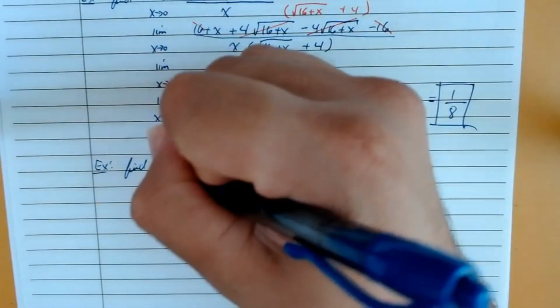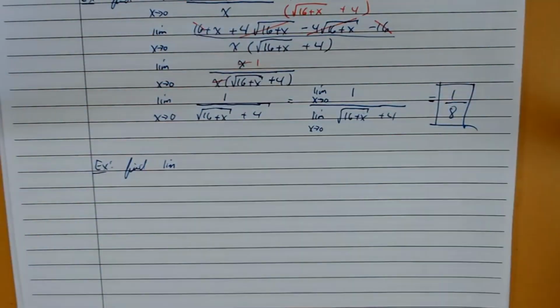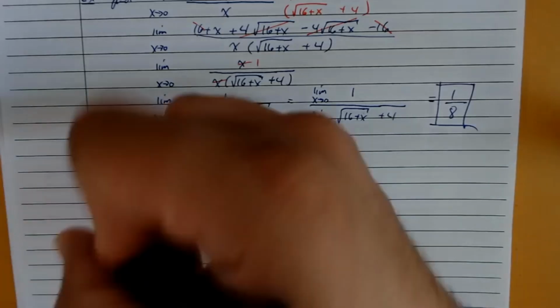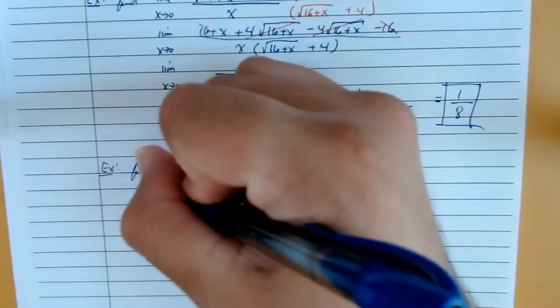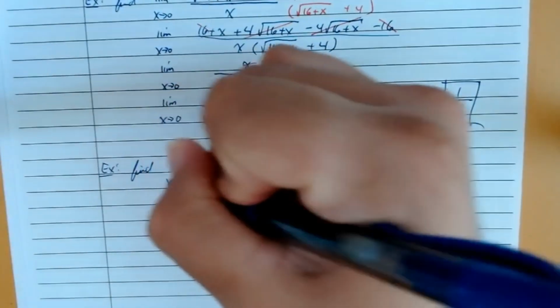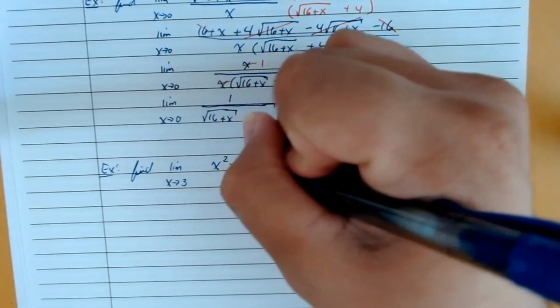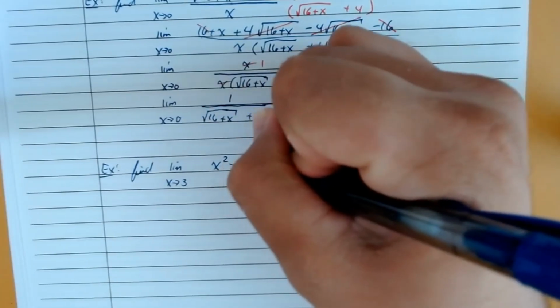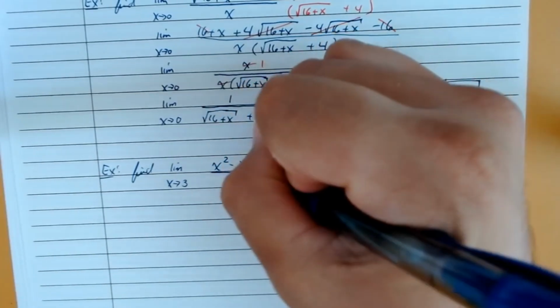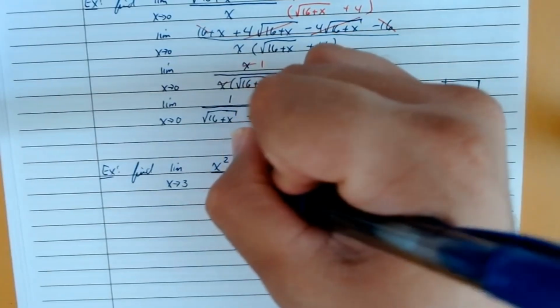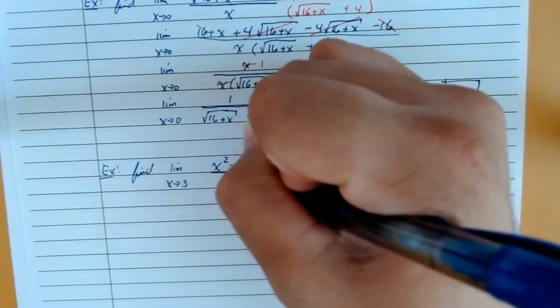We're going to have you find the limit as x approaches 3 of x squared minus x minus 6 over x squared minus 9.